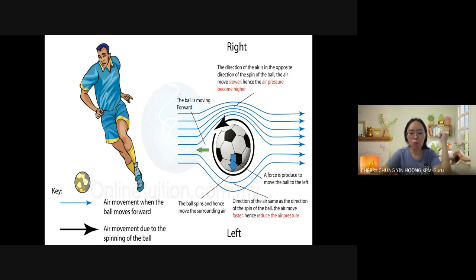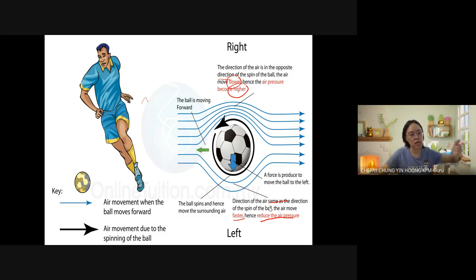If let's say in the opposite direction of the wind, opposite spin, it will become slower, so creating higher pressure. Then 如果是 the one that is in the same direction, it will move faster, creating lower air pressure. So because of the difference in the pressure, and due to the high and low velocity, it produces the force.